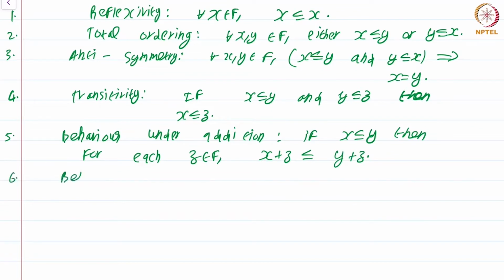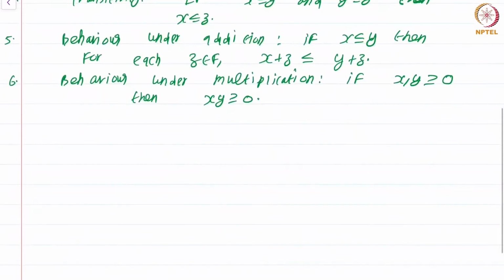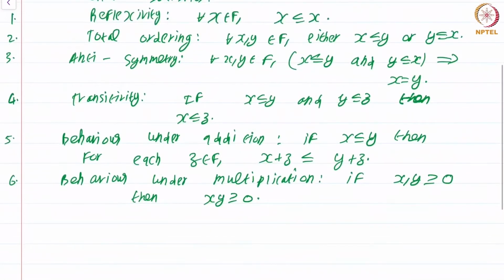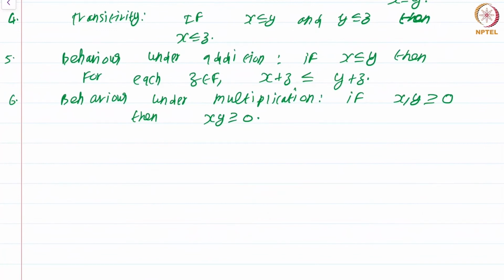So sixth is behavior under multiplication. And as you can guess, what this is about to say is if x, y are both greater than or equal to 0, recall 0 was our notation for the additive identity, then the product is also greater than or equal to 0. So this characterizes the properties of an ordered field. These are the 6 axioms that we have in addition to the axioms that we listed about the field properties.